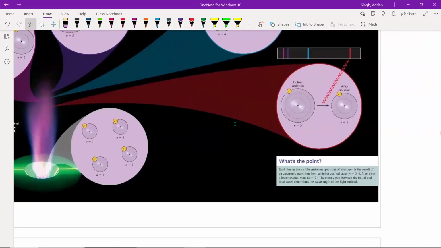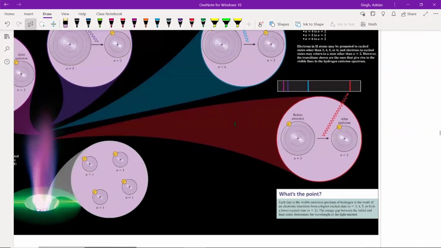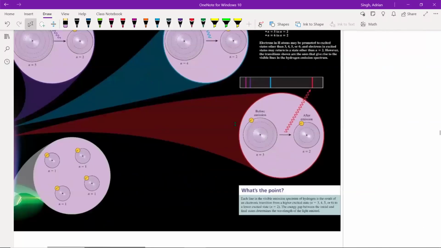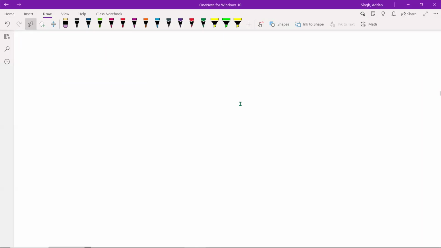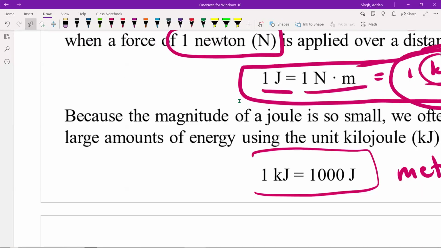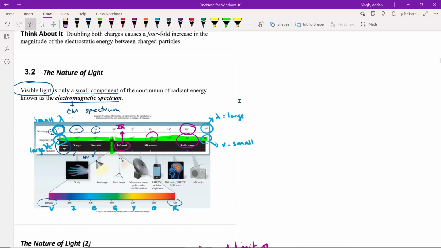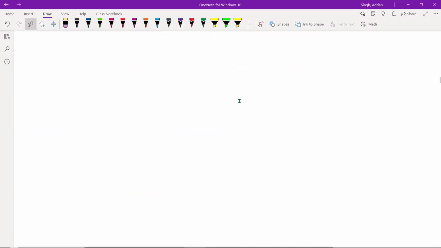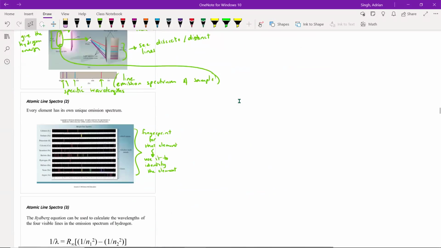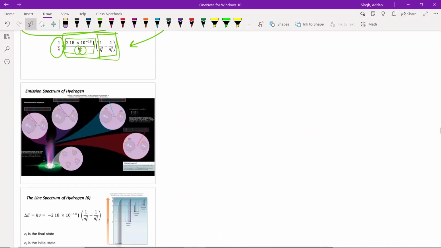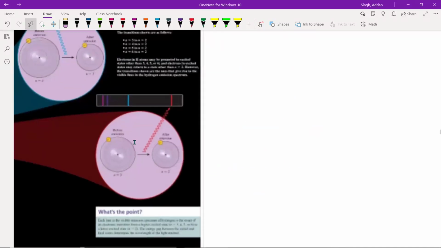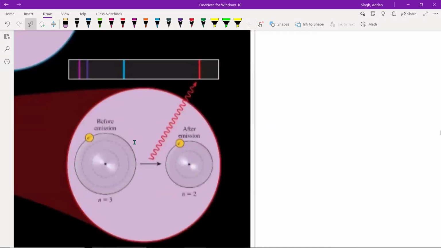So what can happen first, for instance, is that the electron may go from n equals 1 to maybe the n equals 3 energy level now. Okay, so it's a little bit further away from the nucleus. So we have an excited electron in that n equals 3 level over here.